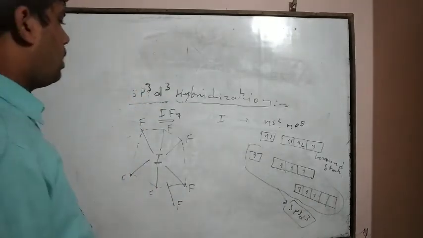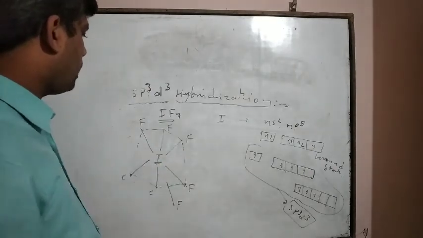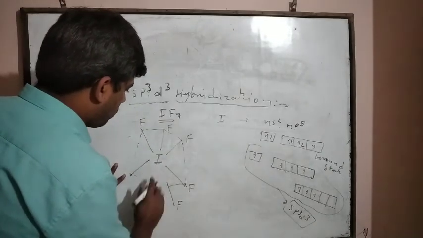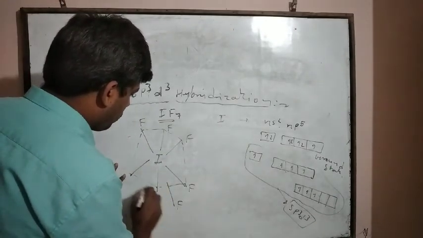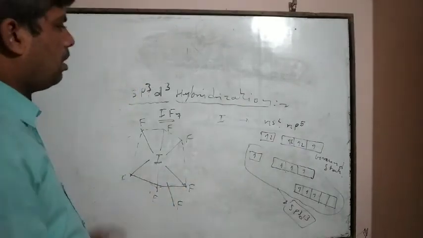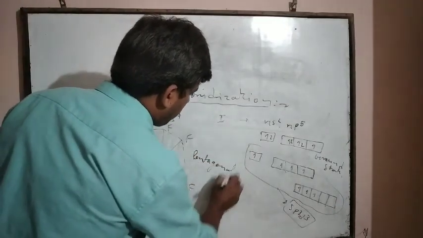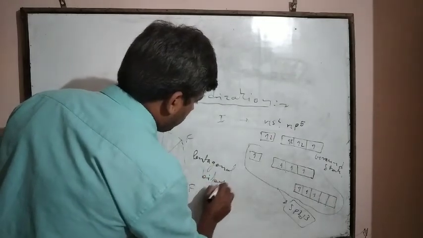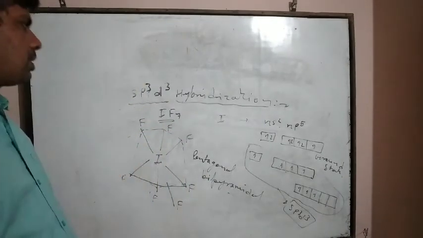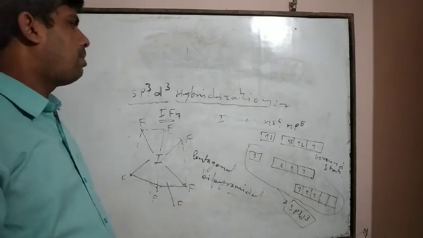It is a pentagonal bipyramidal structure. So IF7 shows sp3d3 type of hybridization.